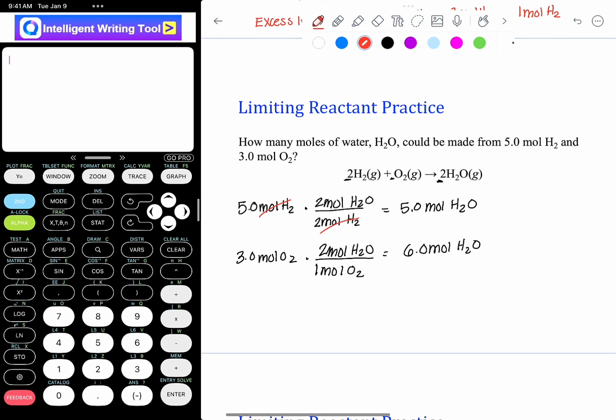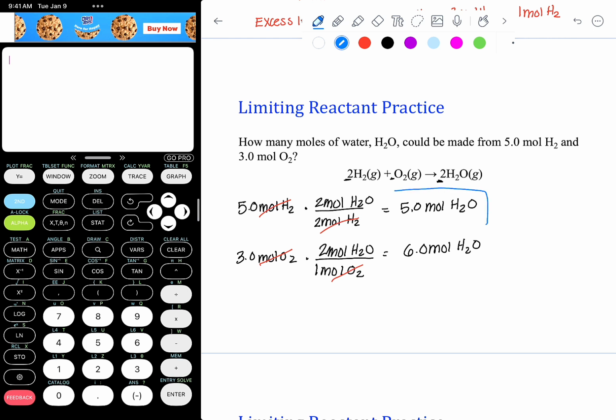So we've taken both of our reactants and determined how much product they could produce if they fully reacted. And whichever one produces the lesser amount of product is then the limiting reactant. So the lesser amount of product is 5 moles of H2O, meaning our limiting reactant is H2.